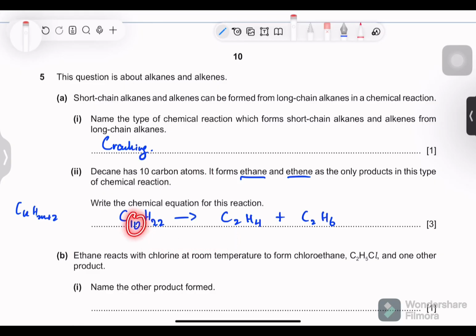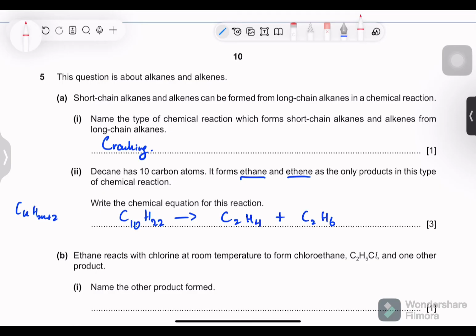So if there are 10 carbons on this side, there should be a total of 10 carbons on this side also. So what we'll do is we write 8 over here, now we have 16 over here and we want 2 more, so we write 2 over here. But we have to look at the hydrogens also. So let's just confirm this. 8 2s are 16, 16 plus now 2 2s are 4. Oh no, we wanted 10 carbons, sorry, my bad, we didn't want 20, we wanted 10.